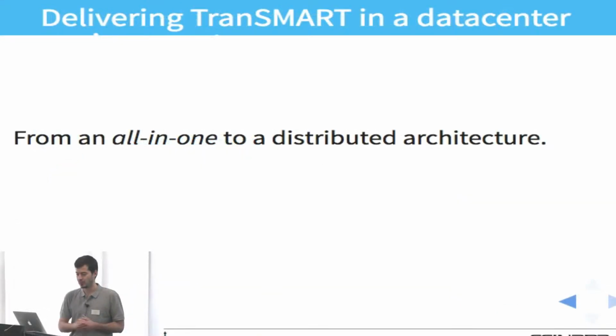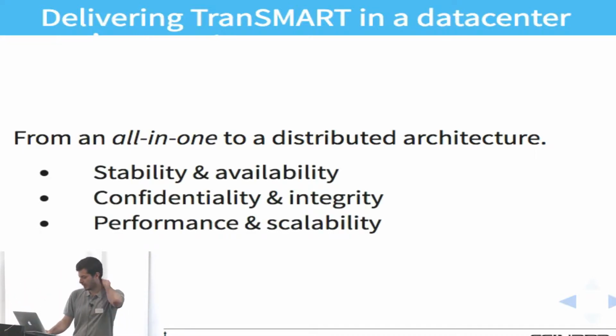So one of the main challenges for us when we started working on this project was to start from very basic setups of Transmart and the associated tools, which were mostly all-in-one deployments, and shift to a more distributed architecture. There are several reasons for that. The first was that we needed good stability of the application stack.